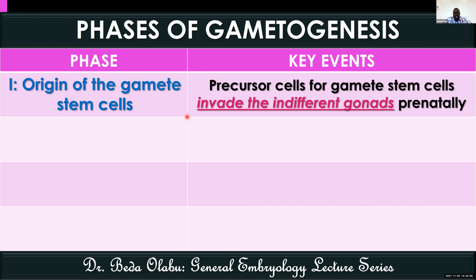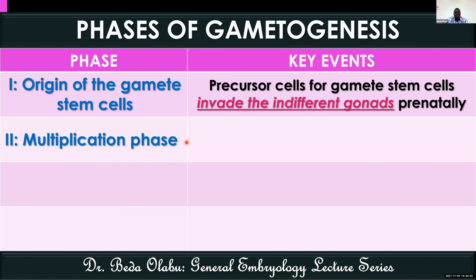However, the intention we have is that the gametes should be in millions. At least we expect them to be many. So what should happen to the gamete stem cells which have invaded the indifferent gonad? These cells need to undergo multiplication. And so that takes us to the second phase of gametogenesis, which is the multiplication phase.